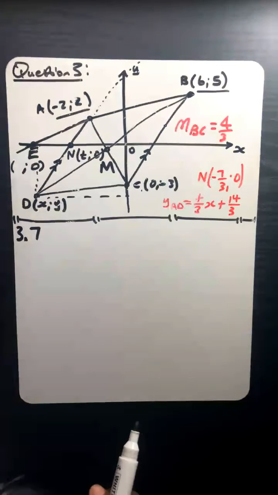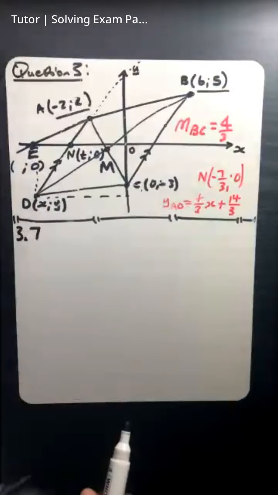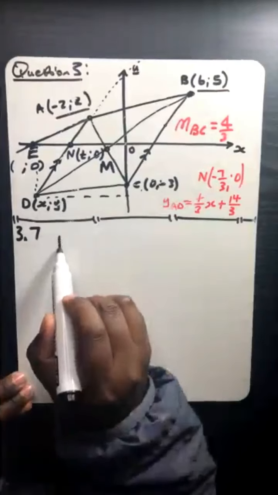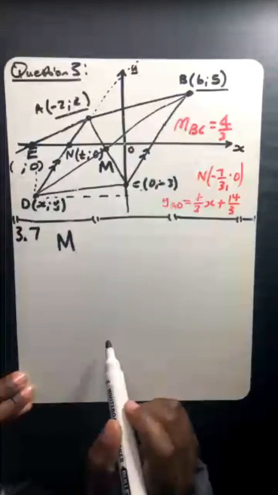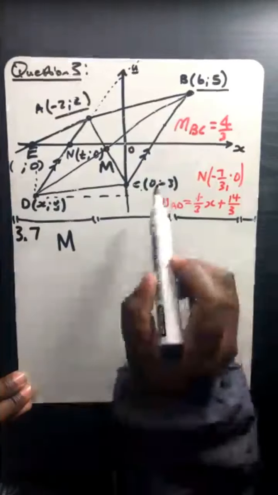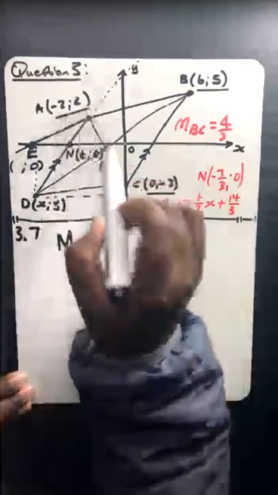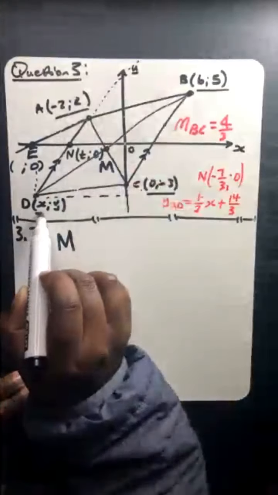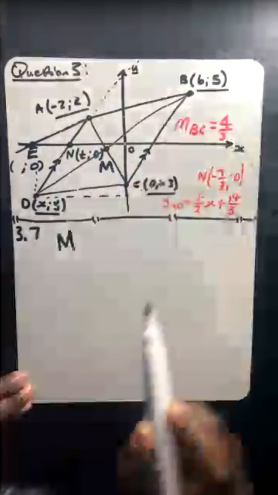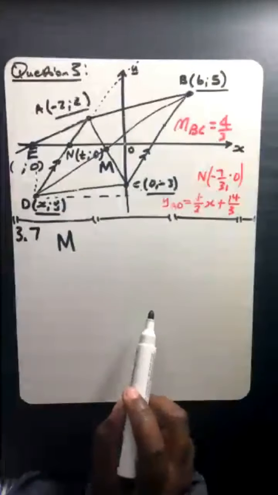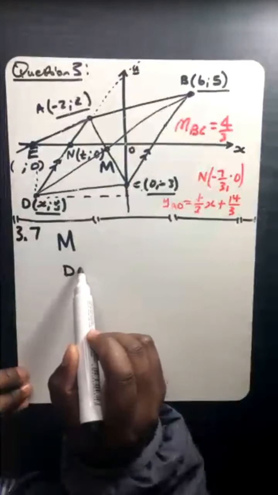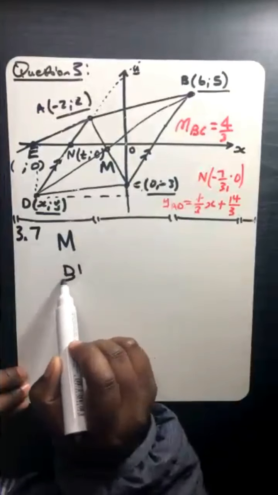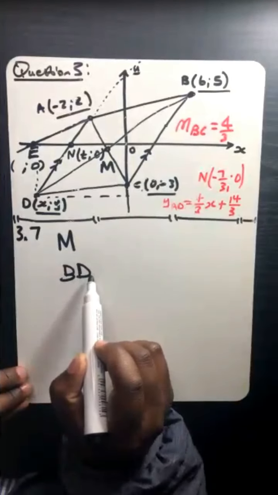Calculate the coordinates of M. M obviously is the midpoint. In this case, guys, you've got multiple choice. You can use these 2 coordinates to calculate the midpoint. Others, let's use these 2 coordinates to calculate the midpoint. So, gents, let's use BD to calculate the midpoint.